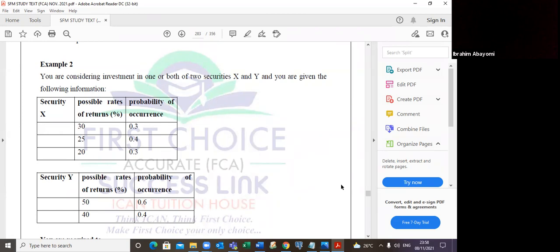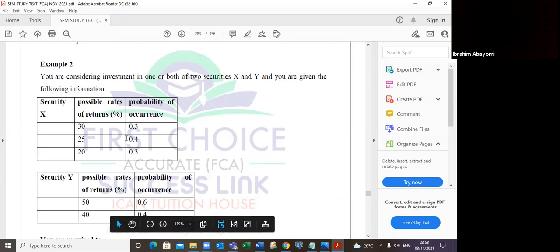Security Y, possible rate of return, probability of occurrence. You can see the difference between this one and the one we just solved. In the one we just solved, both A and B have the same probability. But look at this one now. The probabilities are different. So what are we going to do?